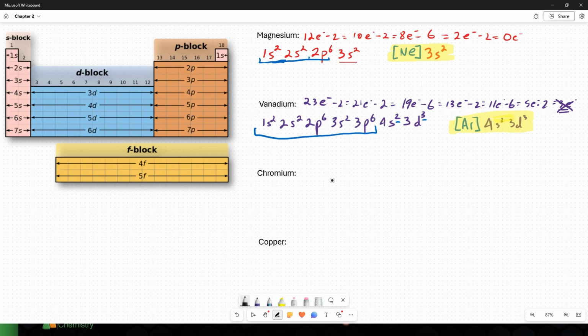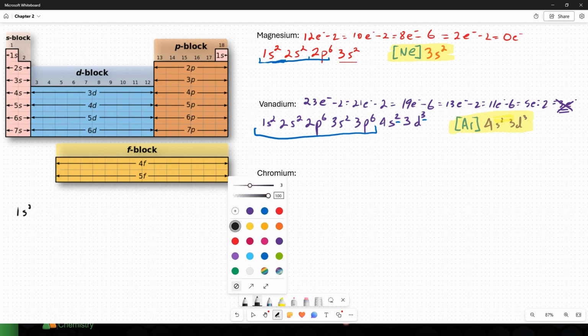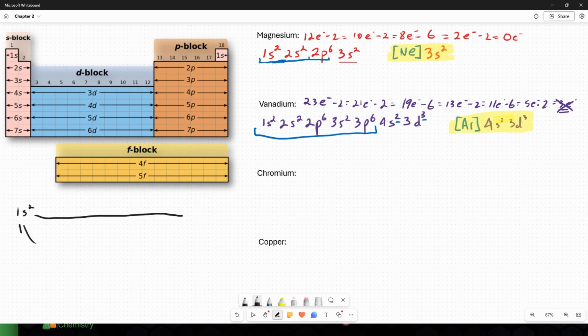A lot of the time what they'll do is they'll give you something like this: 1s2 and then a line for you to fill in the rest of the electron configuration. Notice that if you have the 1s2, you cannot use the noble gas abbreviation.